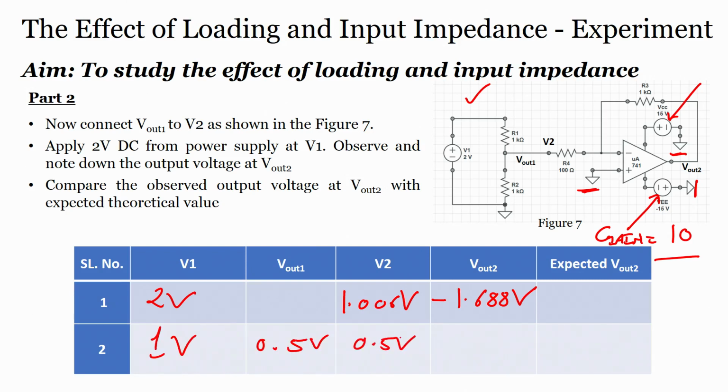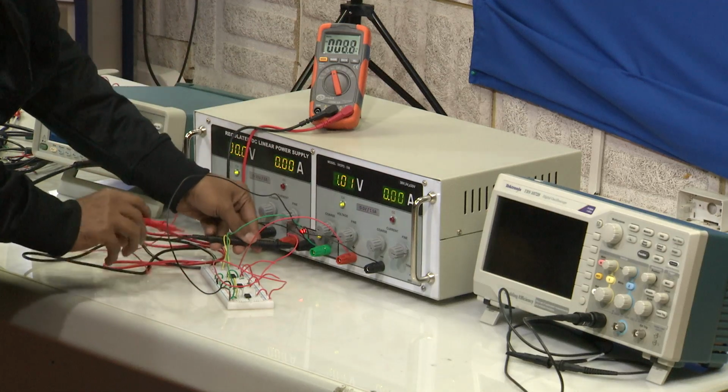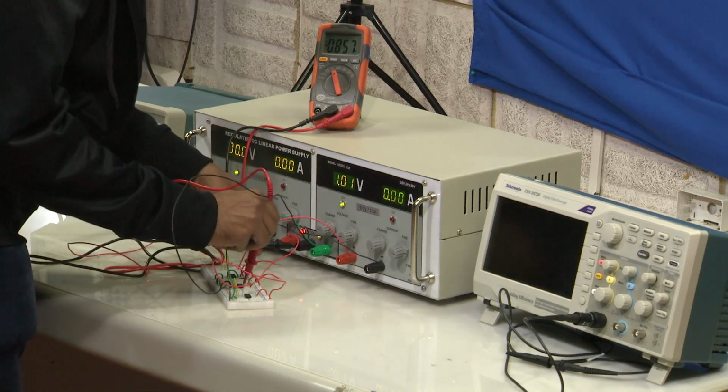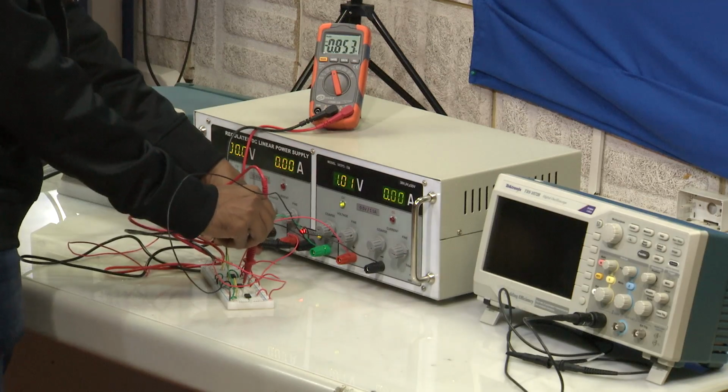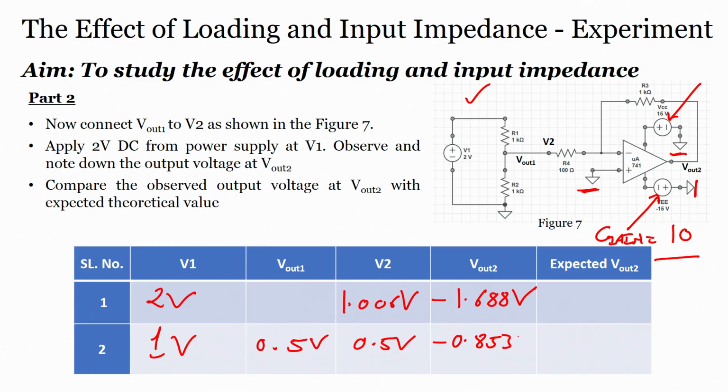Now, let us see V out, minus 0.853 volts, right.